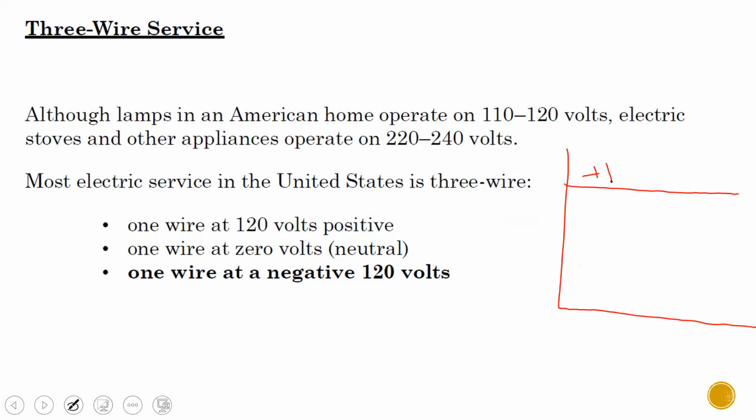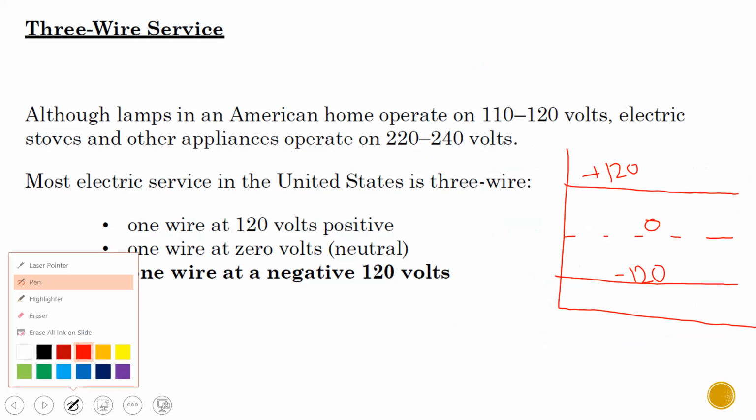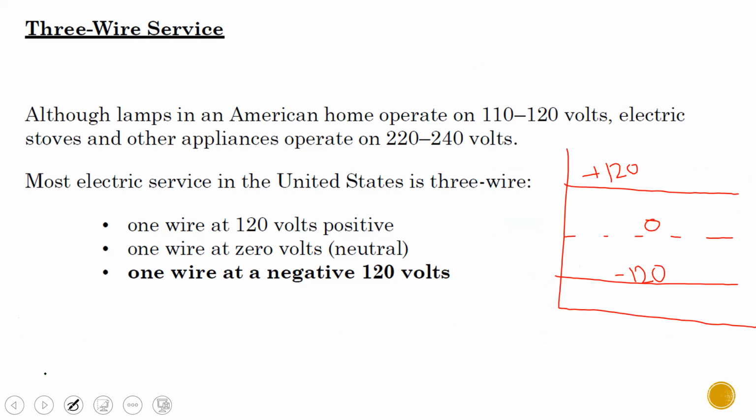Positive 120, negative 120, and 0. If the fridge works on 120 volts, it needs only 120 volts. They put one of the wires here and the other one here, so it works on 120.